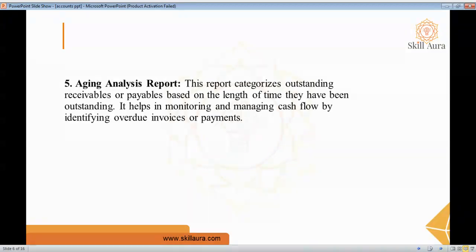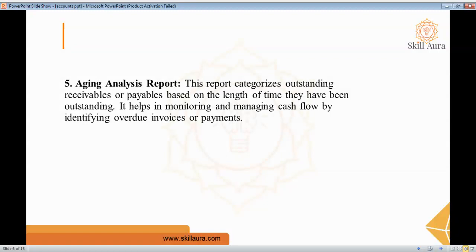This age analysis report is nothing but a report that shows the length of time an invoice or a payment has been outstanding, typically categorized into different age groups like 0 to 30 days, 31 to 60 days, 61 to 90 days, etc. This report helps the business identify the slow-paying customer, manage cash flow and make informed decision about credit extensions or collection efforts.